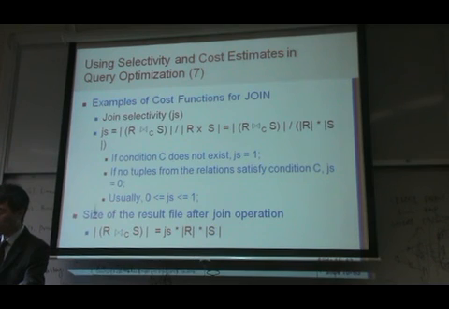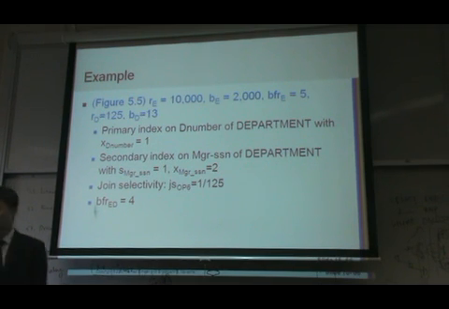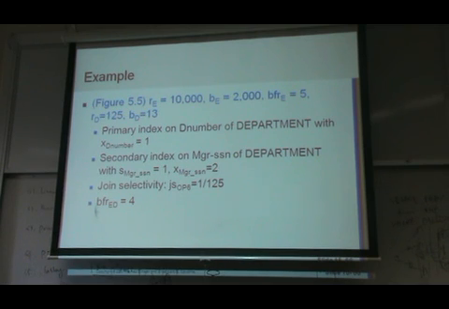The next example is a join. It's the same example. We have two tables, employee and department, which have the same data statistics: 10,000 employees and 125 departments.